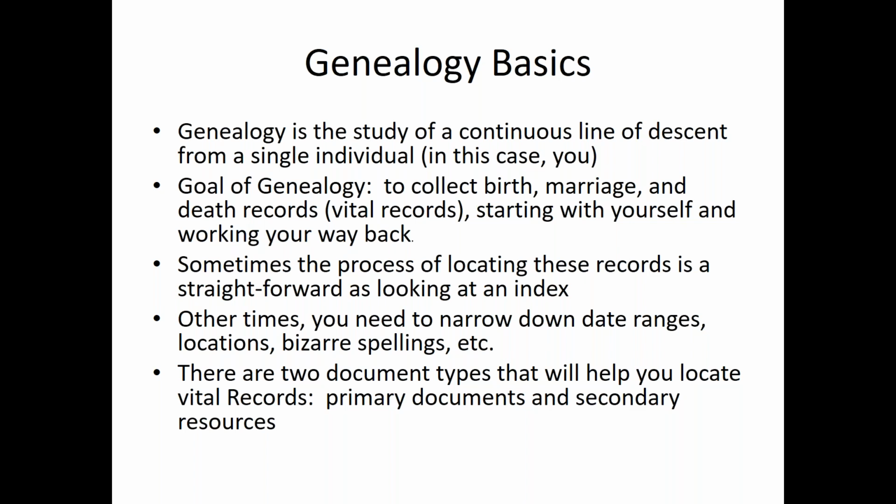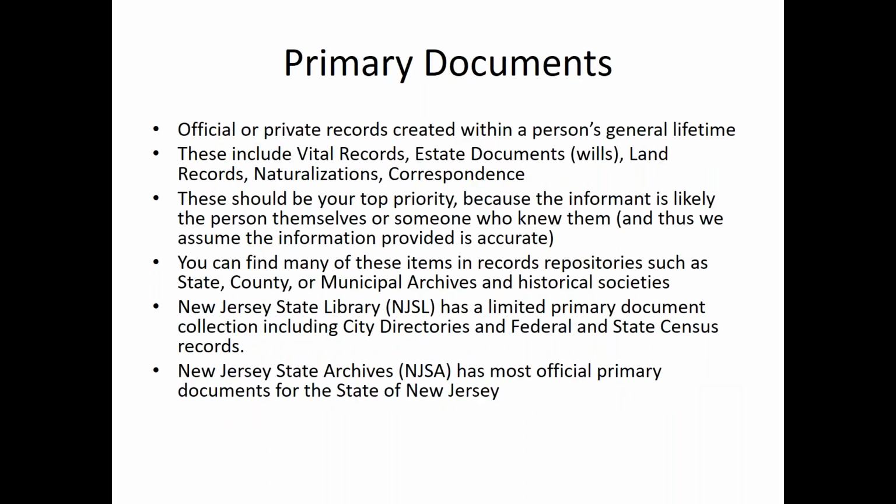So these are all things that can throw off your searches. There are two document types that will help you to locate these vital records, these births, marriages, and death records: primary documents and secondary resources. Primary documents are official or private records created within a person's general lifetime.